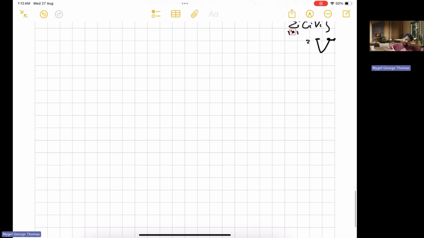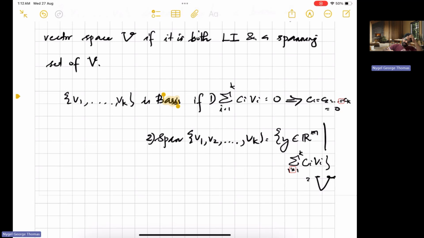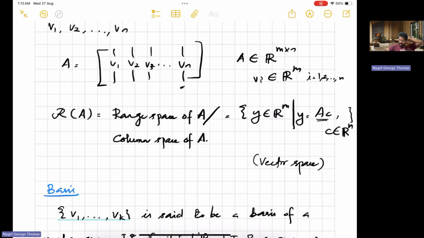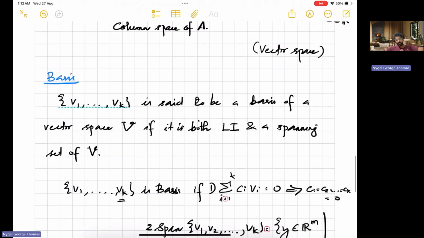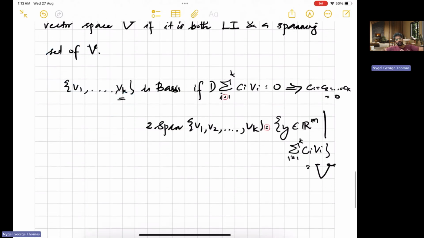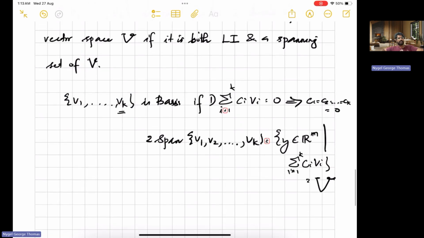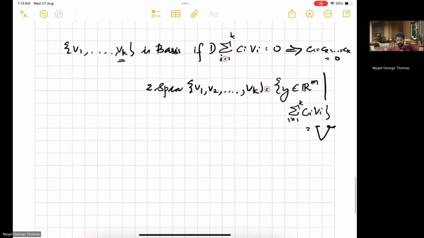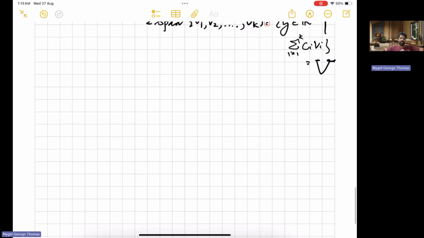Another way of saying a basis is, but before that, let's see what is the significance of this. Here it's Vk, and here it's Vn. So both Vk and Vn can span a vector space, but if it has to be a basis, then it has to be linearly independent. So what can we comment about k and n?